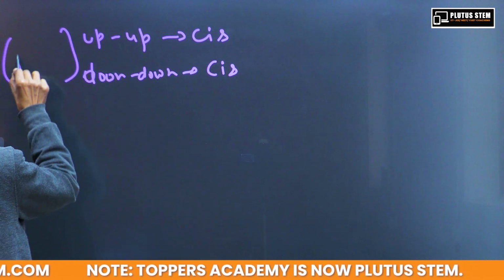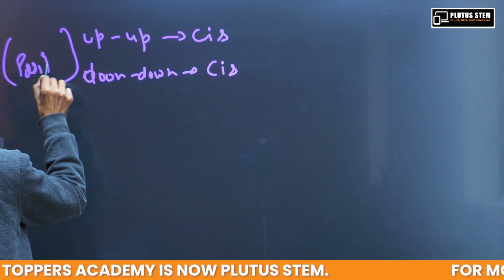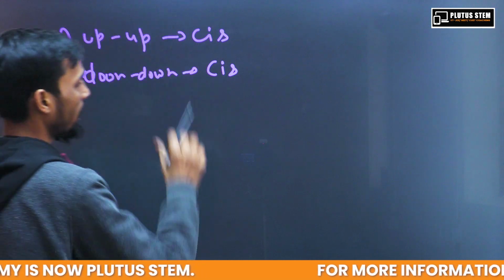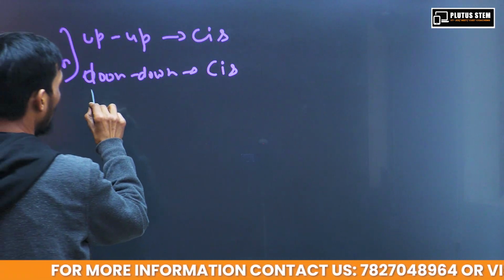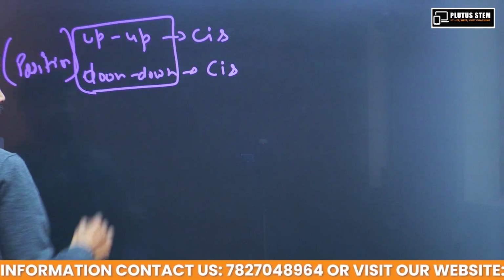Those positions which are both upside and upside, these are termed as cis, and those positions which are coming to be down and down are also termed as cis.